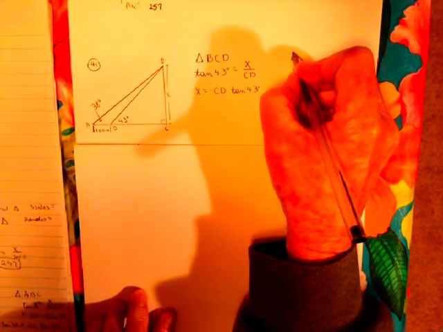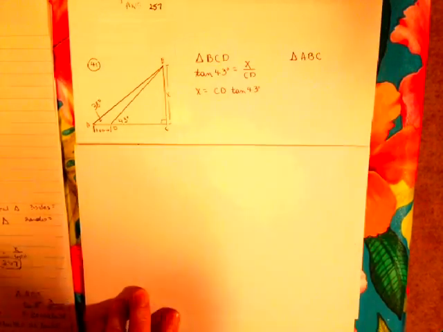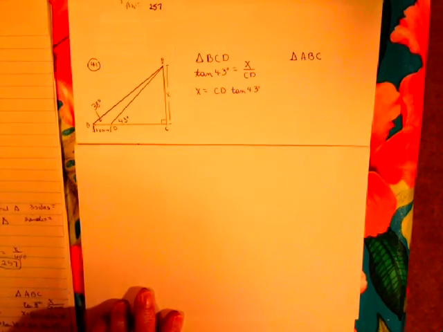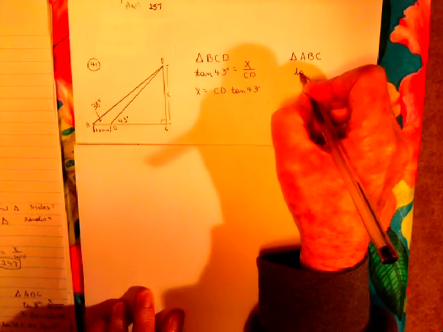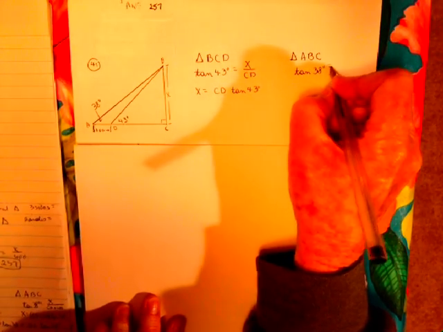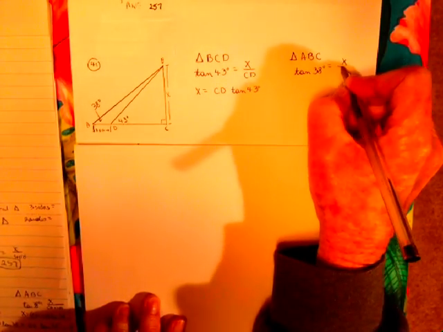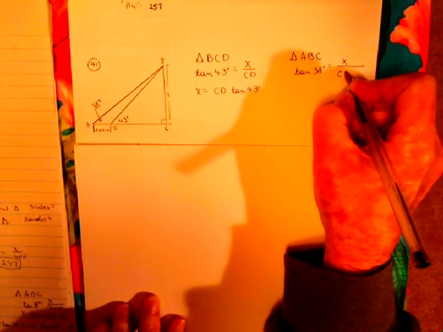We're going to go over here and look at triangle ABC. For triangle ABC, we know that the tangent of 38 degrees equals x over CD plus 100.